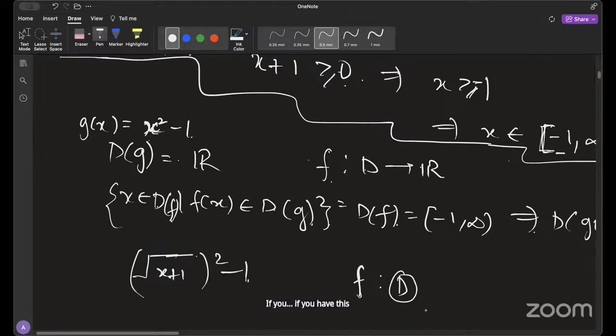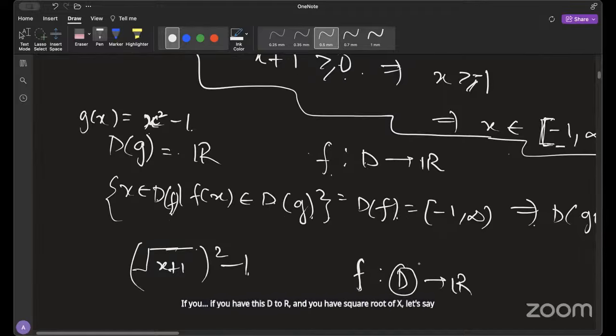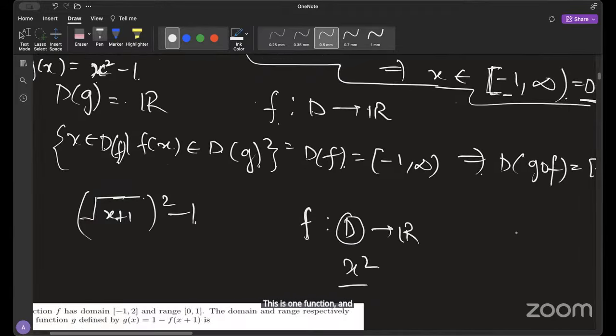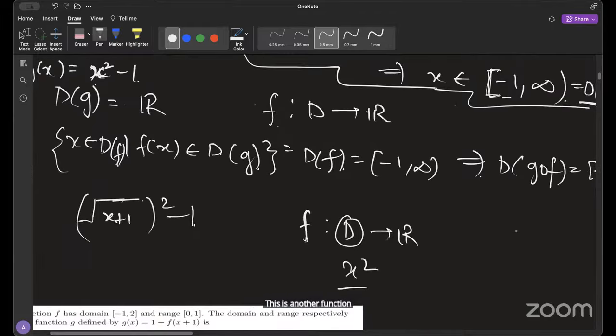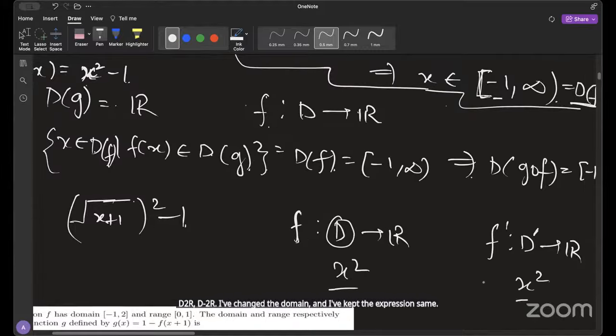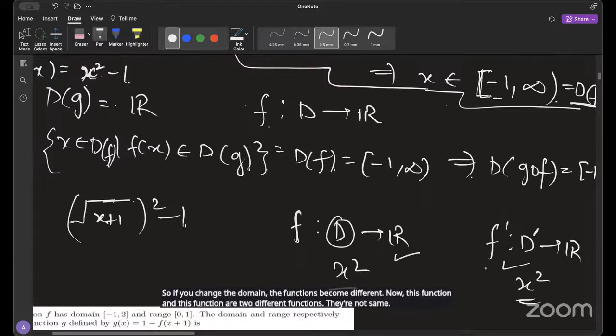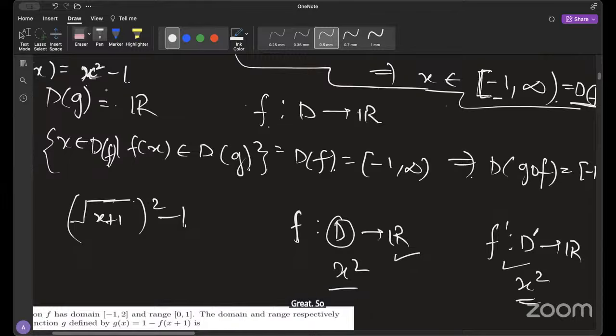If you have this b to r and you have, let's say, x squared, this is one function. And then this is another function where you have b dash to r. I've changed the domain and I've kept the expression same. So if you change the domain, the functions become different. Now this function and this function are two different functions. They're not the same.